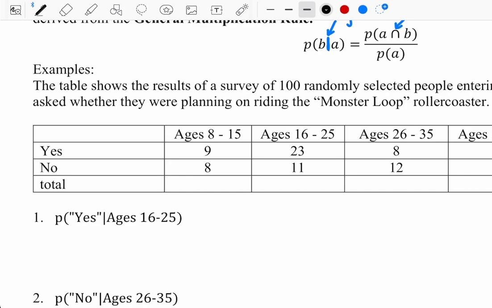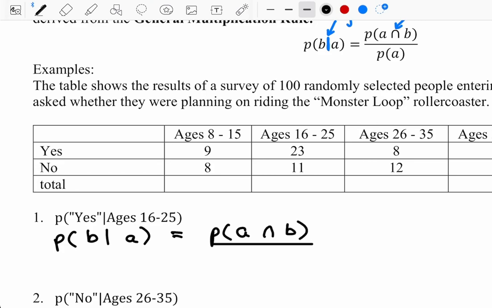So what we need to do is match this up against the formula, which is the probability of B given A is equal to the probability of A and B over the probability of A. So that means that B is taking on the role of yes, and A is equivalent to ages 16 to 25.